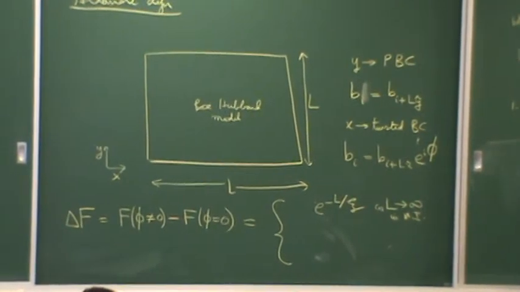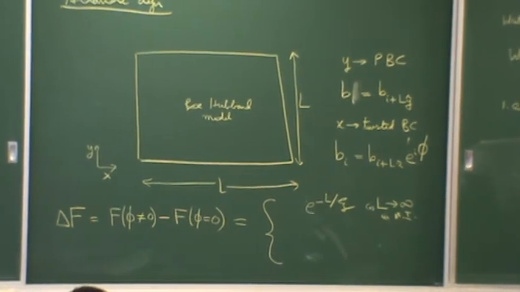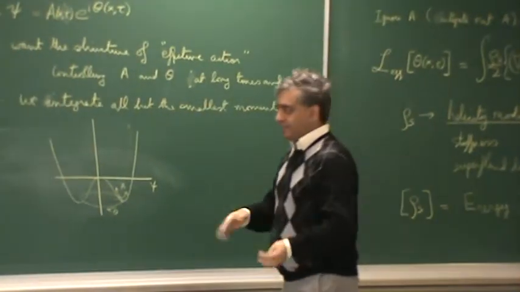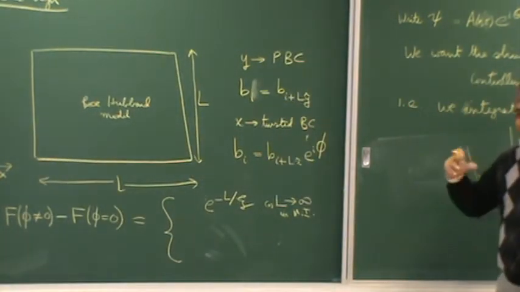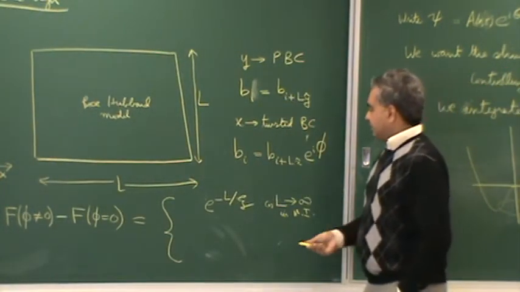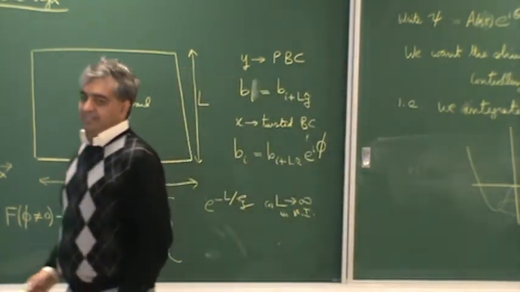It's just totally free. Whereas in a solid, it's going to cost you energy to shear, and it's going to depend on the length and the width of the walls and so on. So this is the analog of the shear modulus. It's not the compressibility, it's the shear modulus. It's twisting the phase of the wave function, and this is like a liquid or a Mott insulator. It just doesn't care what you do.